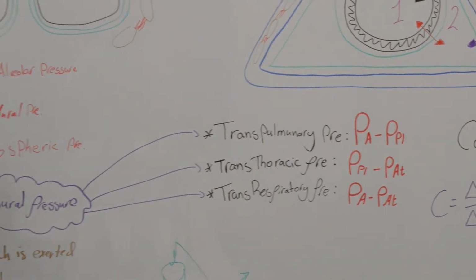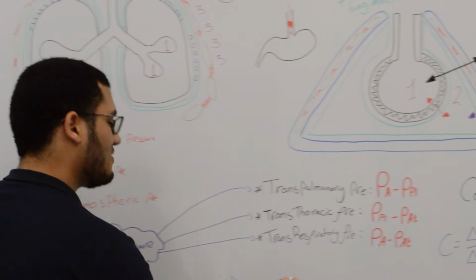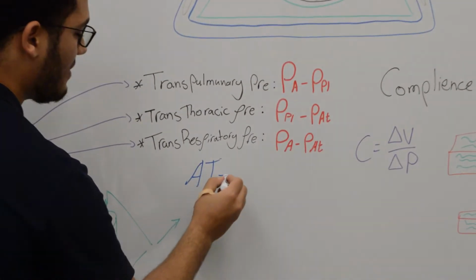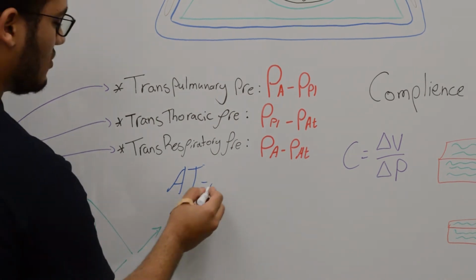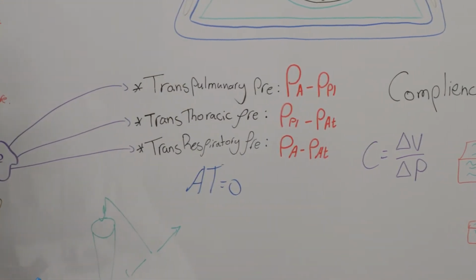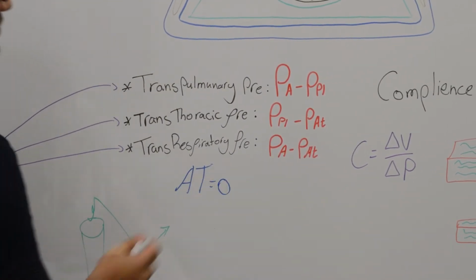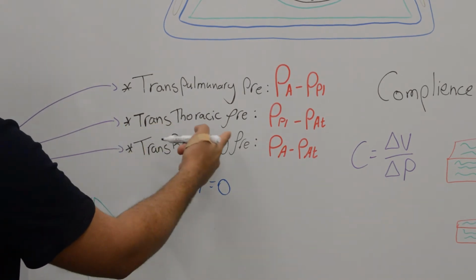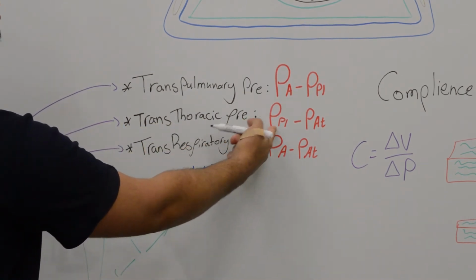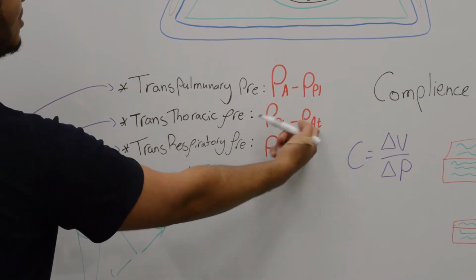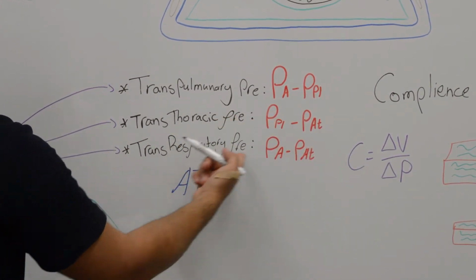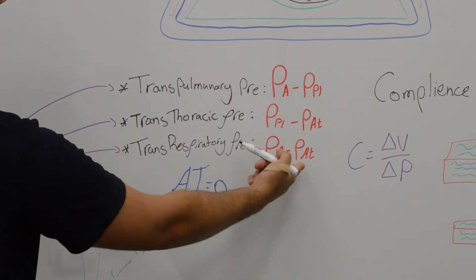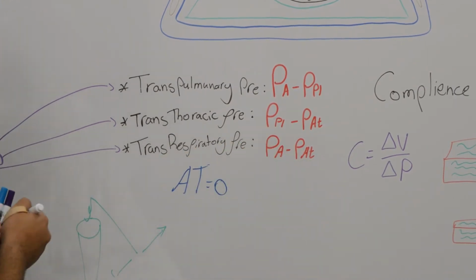A very important point here is that we calculate the atmospheric pressure as 0. It's actually not 0, it's 1 or something, but we calculate it as 0. So the transthoracic pressure, pleural minus atmospheric, will be only the pleural pressure. Respiratory pressure, alveolar minus atmospheric, will be the alveolar pressure.